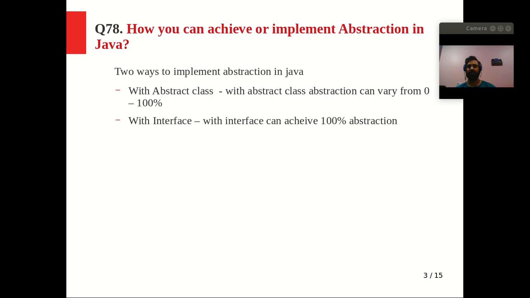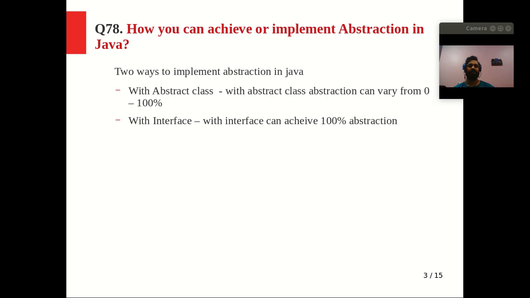The answer is that an abstract class can contain both an abstract method and a concrete method. Abstract methods are methods whose implementation is empty and not defined. That kind of method is called an abstract method, and it is marked with the abstract keyword.